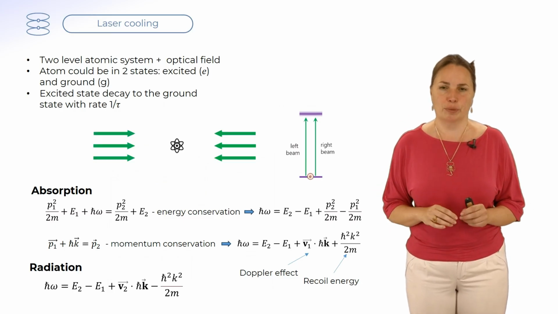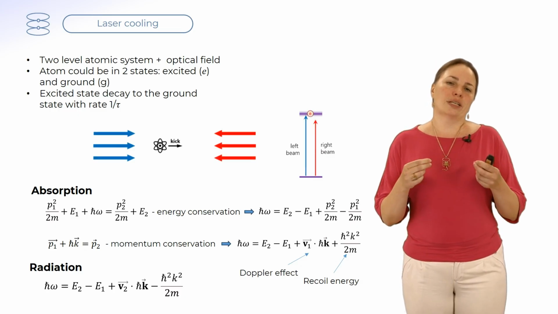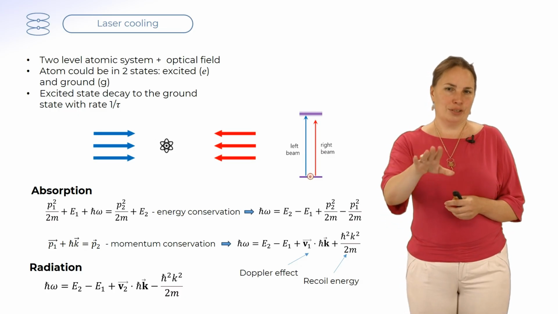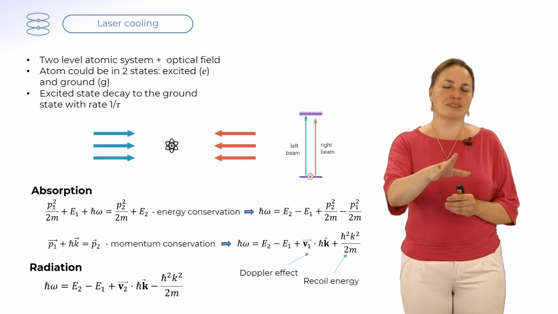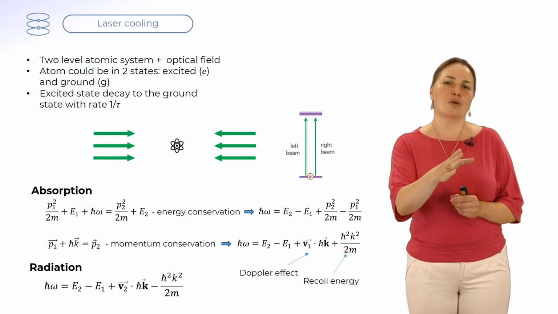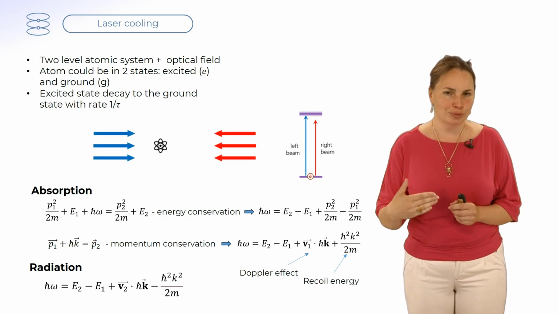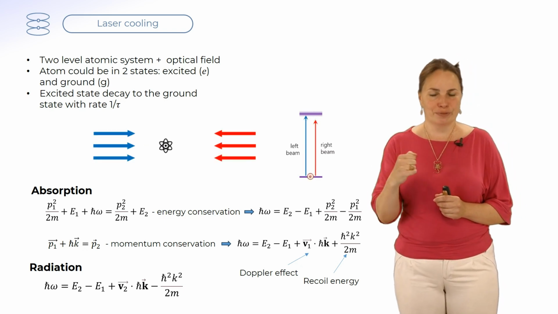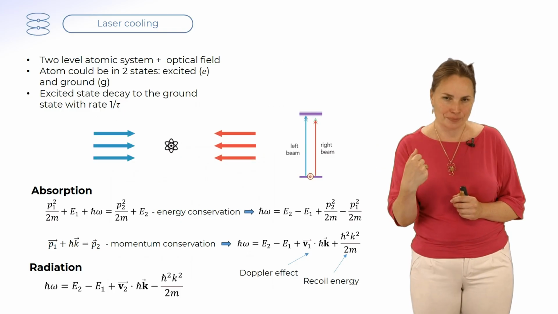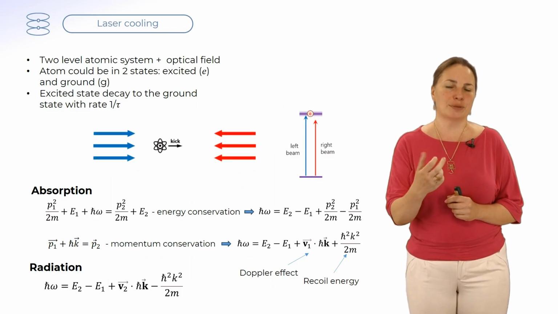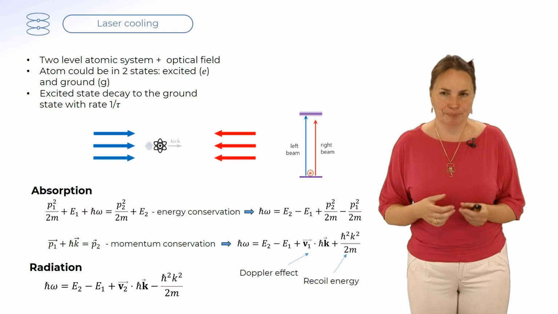It's not important at the moment. So when the atom absorbs the photon, and you can see, when the atom goes towards the photon, it starts to be more blue, and if it goes further from the photon, the frequency of the photon for the atom should become red.